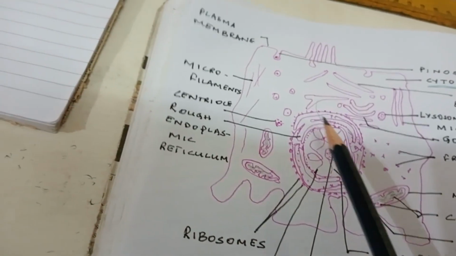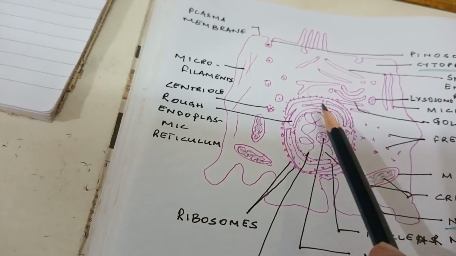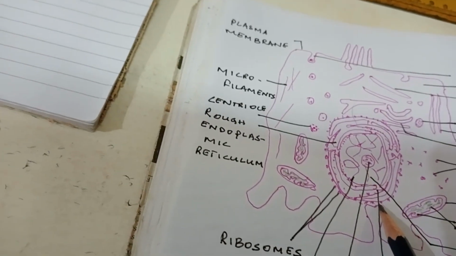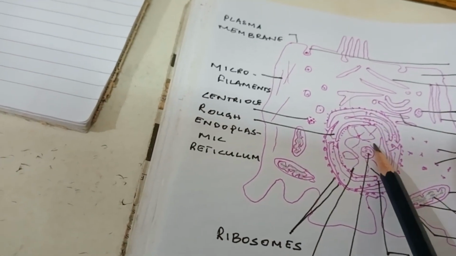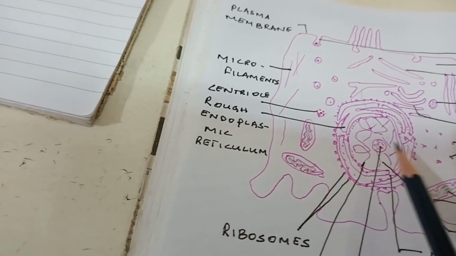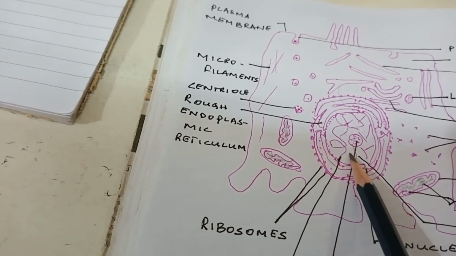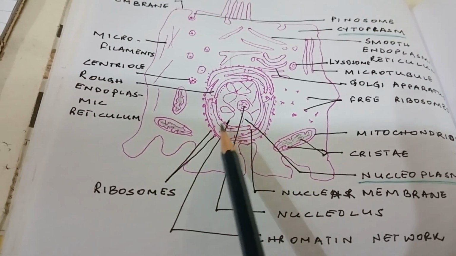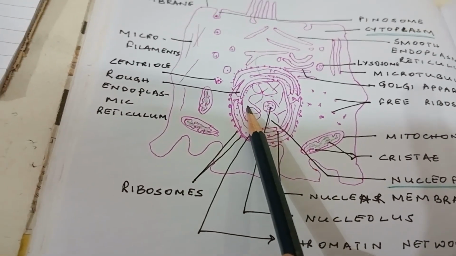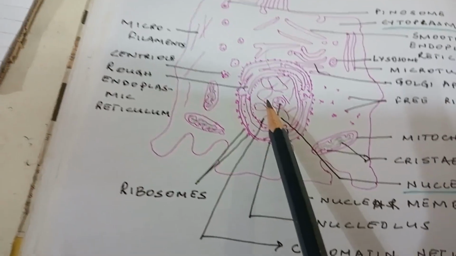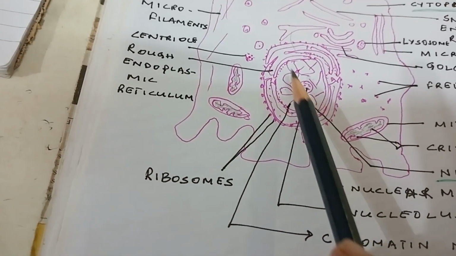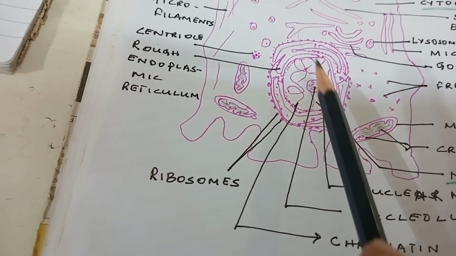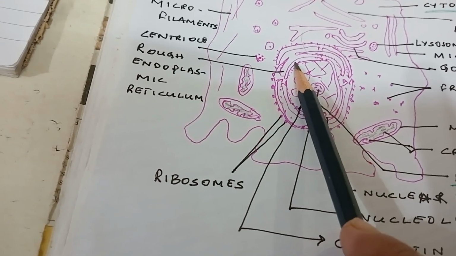Here you can see the elements of the endoplasmic reticulum accumulating around the chromosome, the chromatin network, and then getting fused to form the nuclear membrane here.